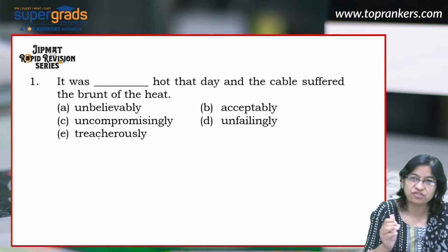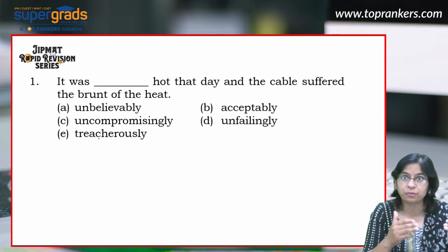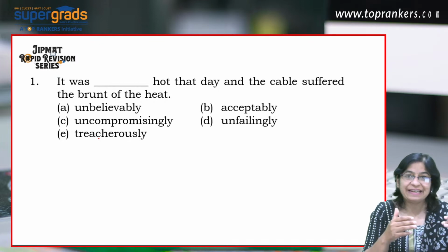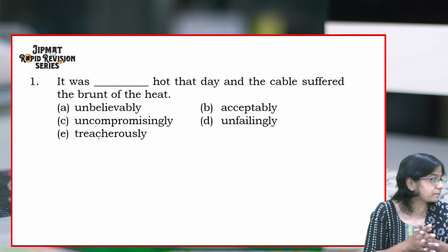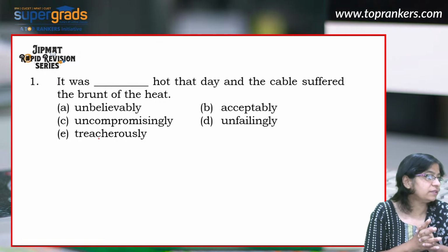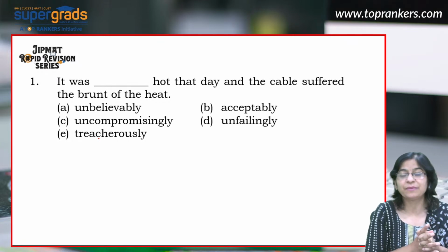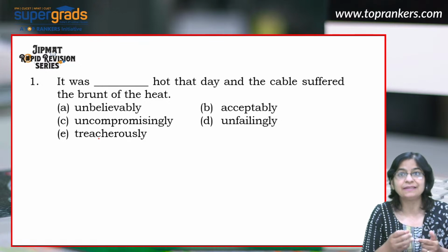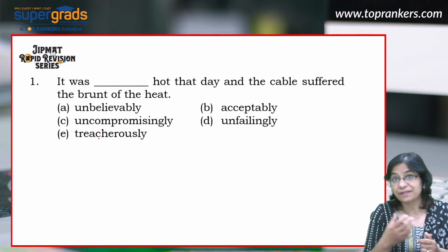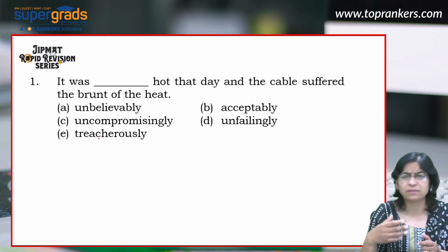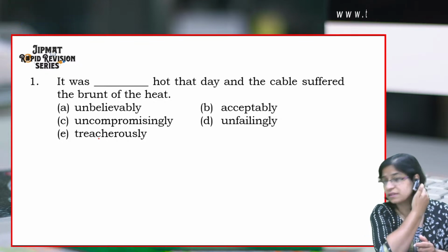Was it treacherous? Say you want to betray someone. Unfailingly, that means no, others, it would not be. See, treachery is the act of betraying someone, especially your country, or maybe anyone in general, not just the country.